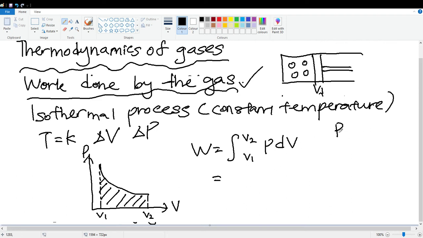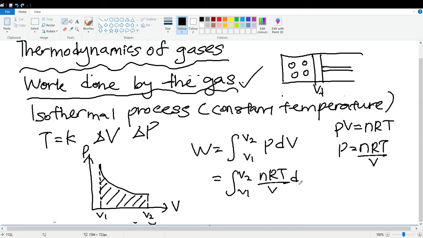So we know that PV is equal to nRT. So what we have here is P equal to nRT over V. So what we can do is sub this nRT over V into this equation. So what we have is nRT over V dV. From here we can observe that nRT are all constants.